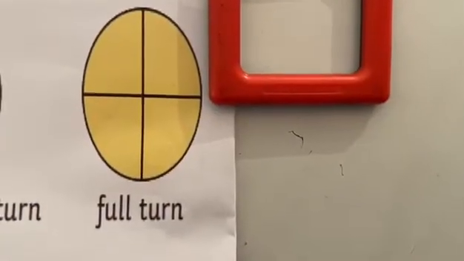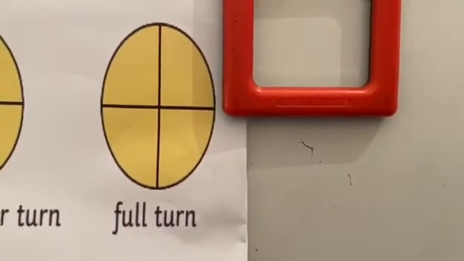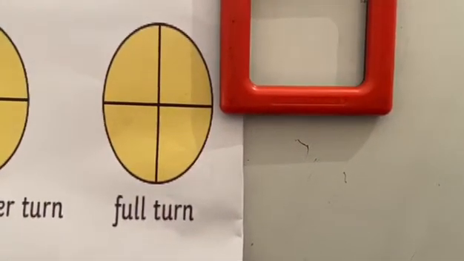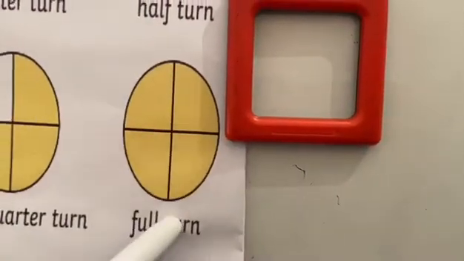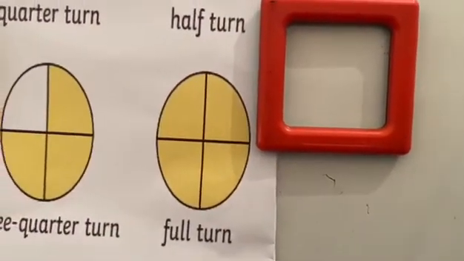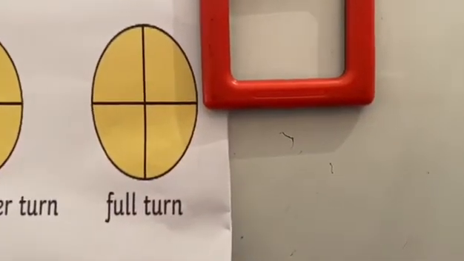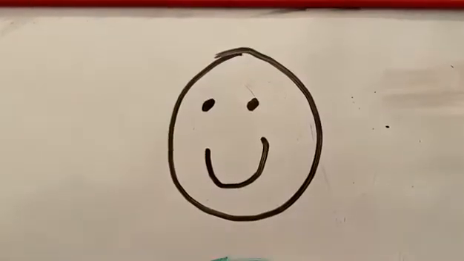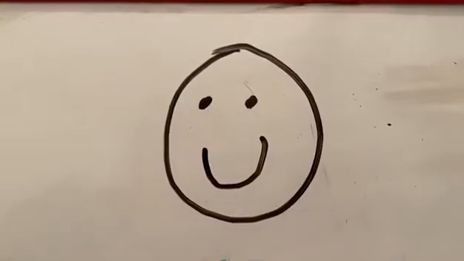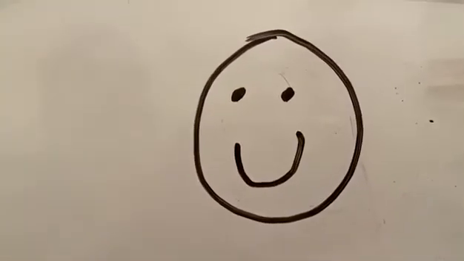And lastly, we have a full turn, and this is when you've travelled the whole distance around the circle, which means 1, 2, 3, 4 jumps. When you make a full turn, you will always start back at the same position that you began in. I've drawn a smiley face and rotated it just to show you the different turns we can make.